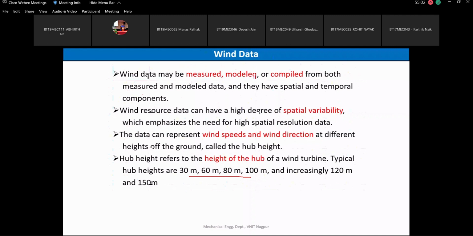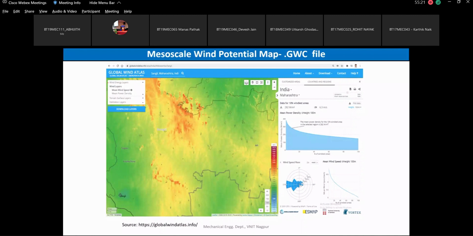So there is the website. You type Global Wind Atlas in the browser. Then you can see this one here. You can type any location.